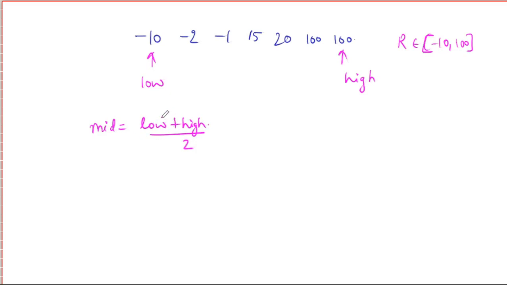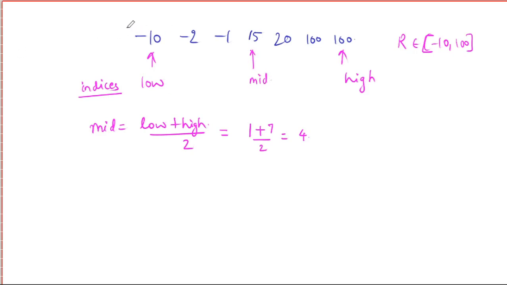So here low and high are basically the indices. So this will become 1 plus 7 by 2, which will be 4. So the mid value will be at index 4.